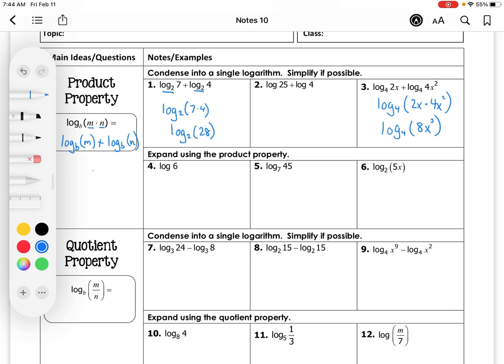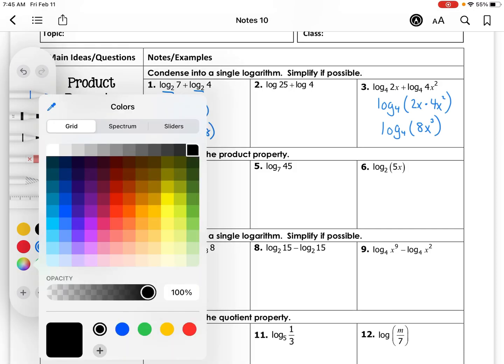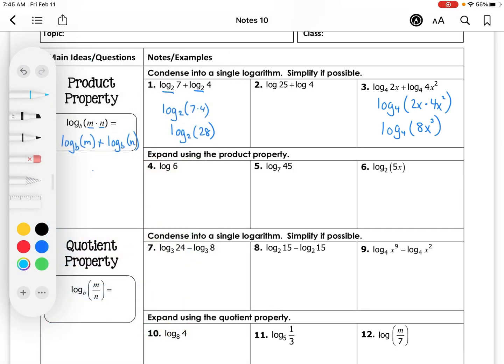Now we can expand as well, writing one log into multiple logs. So for example, log of 6, I can rewrite that as maybe just log 3 times 2.